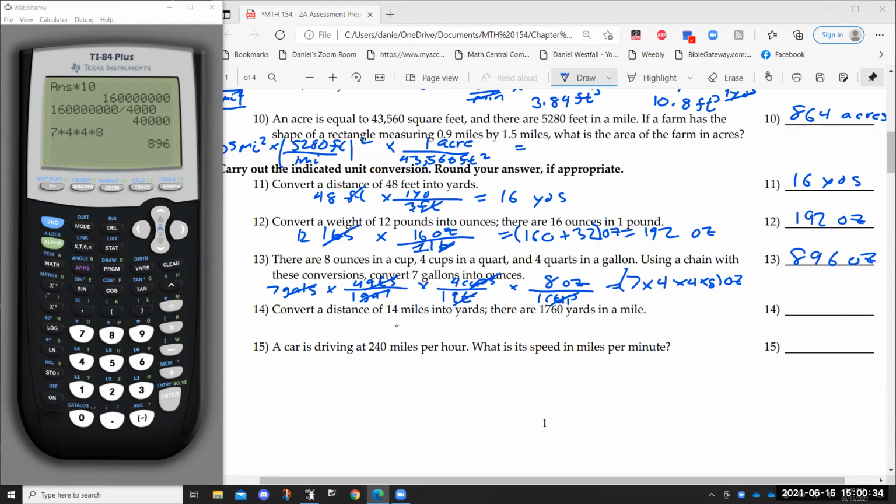There are 1,760 yards in a mile. 14 miles times 1 mile, 1,760 yards. Multiply 14 times 1,760 is 24,640.